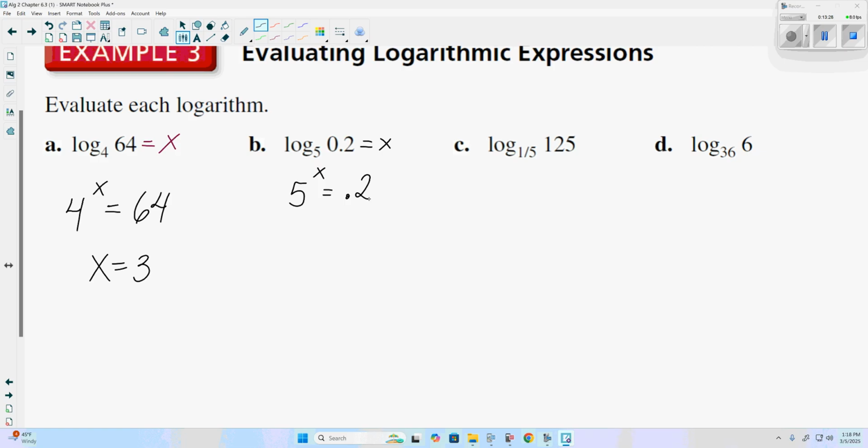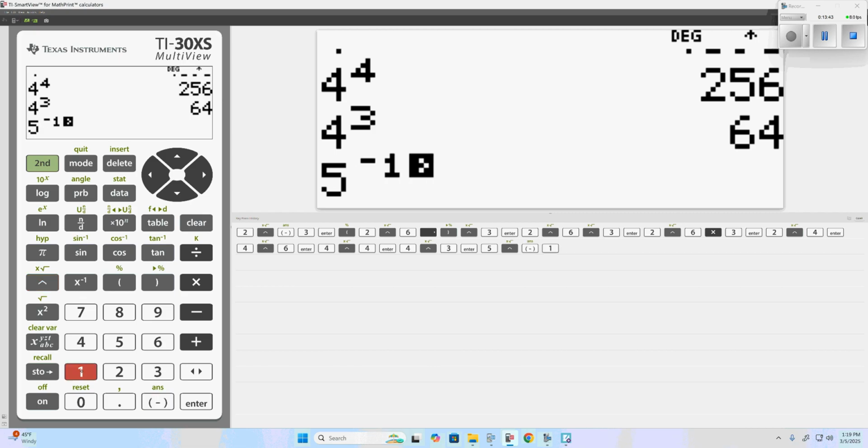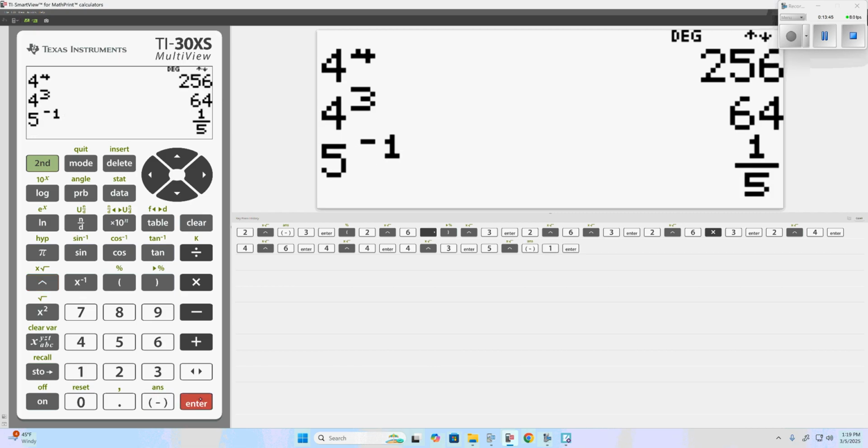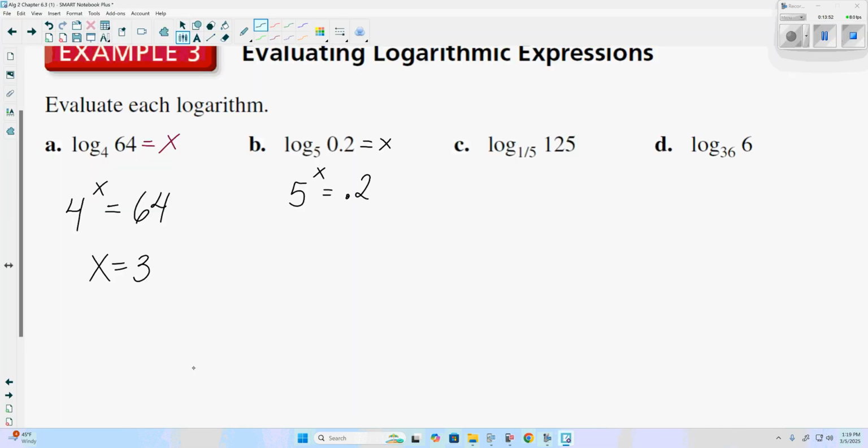And if we notice on some of the previous ones, when the exponent was negative, the number got smaller. So what number could we try putting 5 to? So let's try negative 1. 5 to the negative 1 is 1/5 or 0.2. So x would be negative 1.